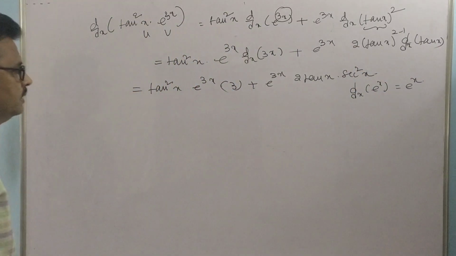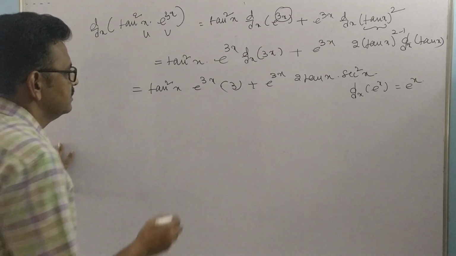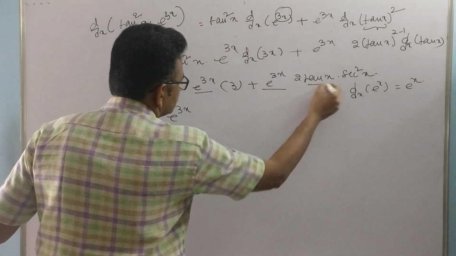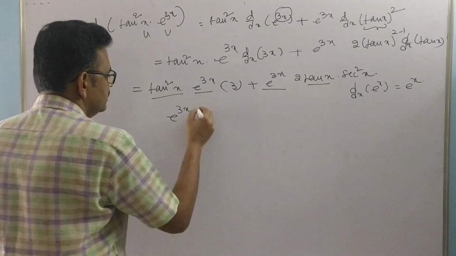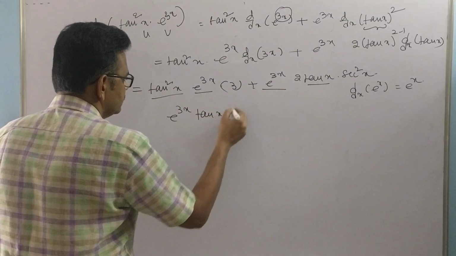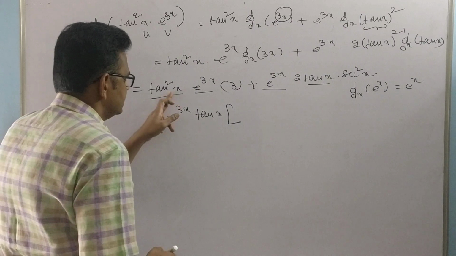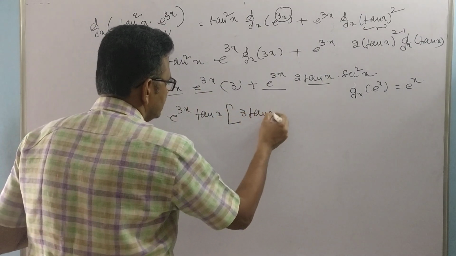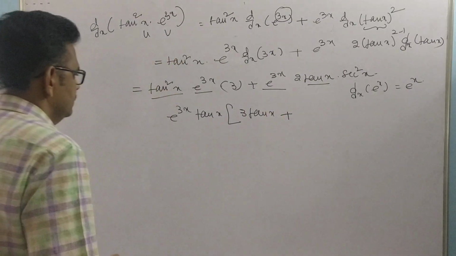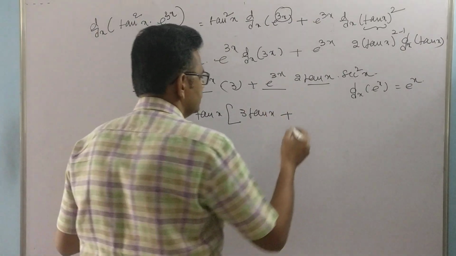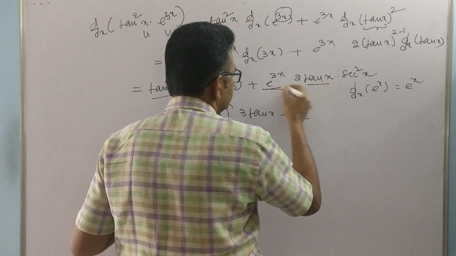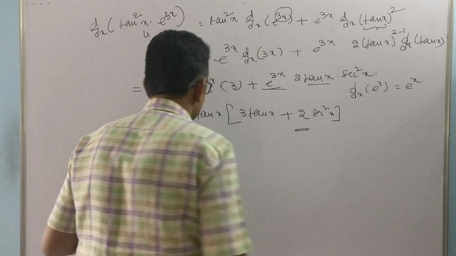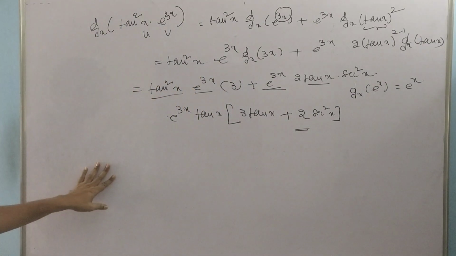If you take e power 3x common and also tan x common, the remaining part is 3 tan x plus 2 secant square x. So this is the derivative of the given function.